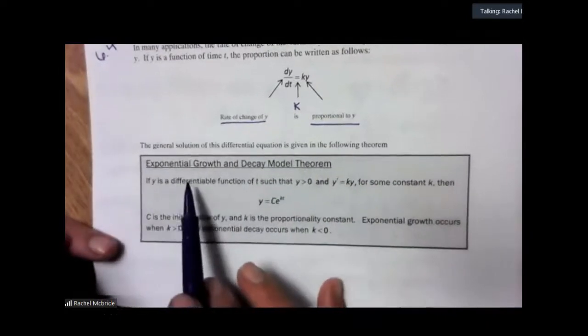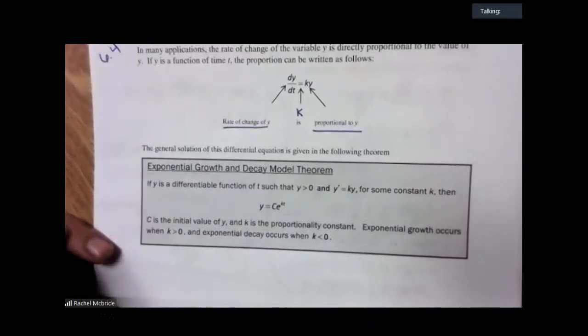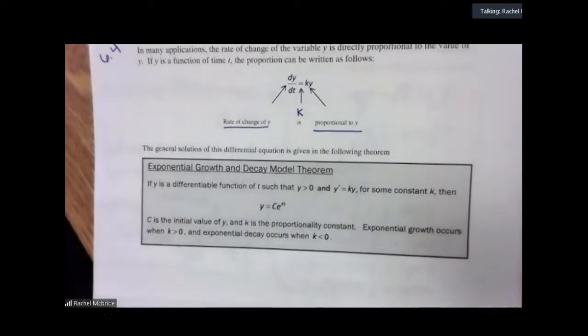So in exponential growth or decay, we have that this rate is proportional to y.